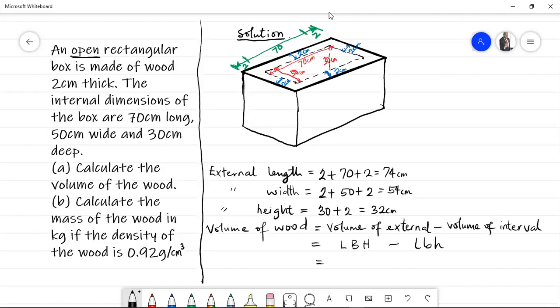So external length, that will be 74 times width, 54, times height, 32. Then minus, for internal, you have 70 times 50, and then times 30 internally.